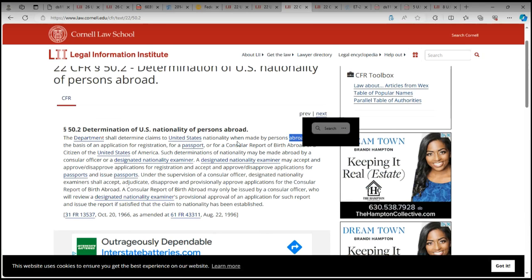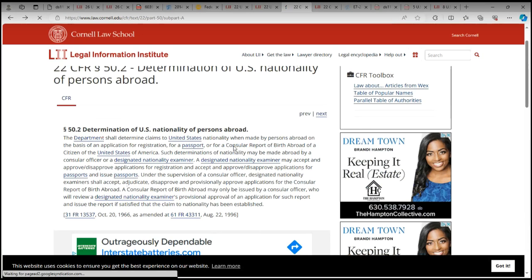If they don't give you the definition, then you have to go down the line on what abroad means, what overseas means, if they don't ever give you the definition for that.